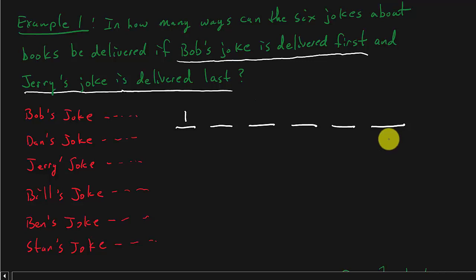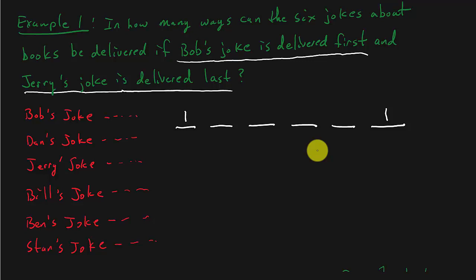So let's go to the last joke. How many choices do we have for that? Well, we only have one choice. That has to be Jerry's joke. Now let's fill out all the stuff in between. There's no restrictions on that. What we did is we filled out all the stuff that had some restrictions on it. The first joke had to be by Bob. The last joke had to be by Jerry.